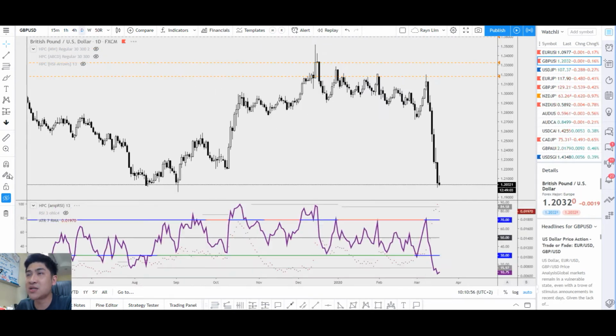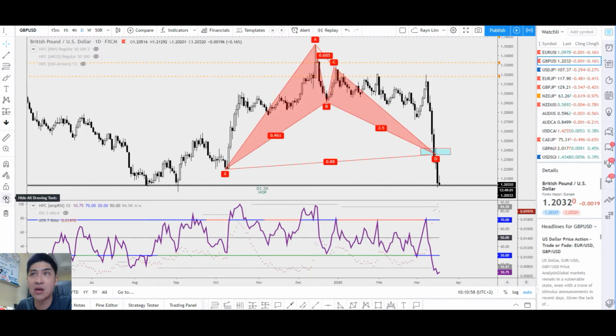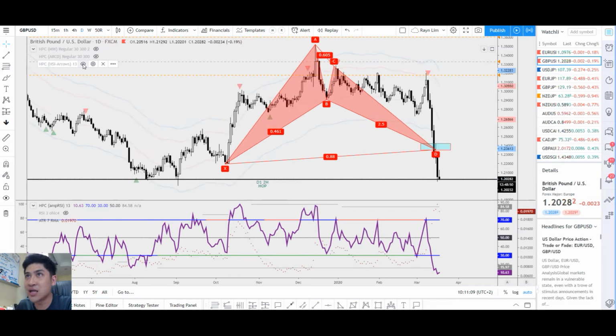Back to the daily chart, let me see if we have any analysis over here. We have a bat pattern. The bat pattern is still at the HOP level. This is the HOP level of the bat pattern, which means if an arrow like this pointing upwards appears, that will give me the sign to look at which entry I can engage.